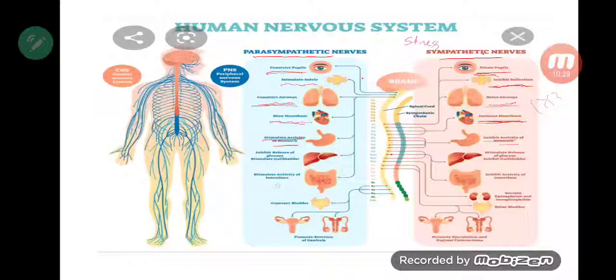Parasympathetic stimulates the activity of the intestine, and sympathetic inhibits the activity of the intestine. So when you have stress, you may have diarrhea because the intestine does not absorb the water.